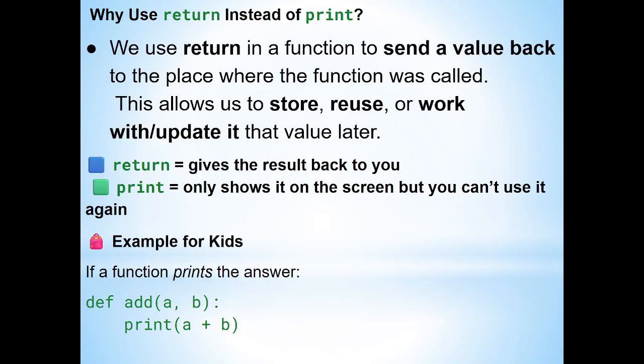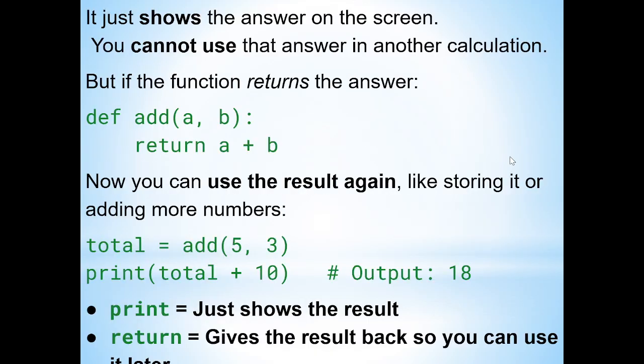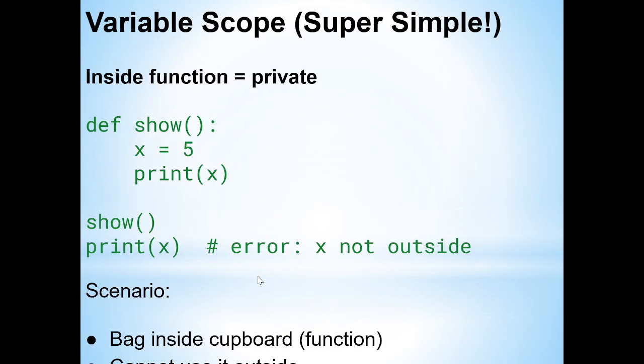Then we can reuse it, we can do some updation inside it. That is why we use this return. It is not possible when we use this print keyword. We are adding, then we are doing some updation. Okay, so now let's learn some more interesting things.